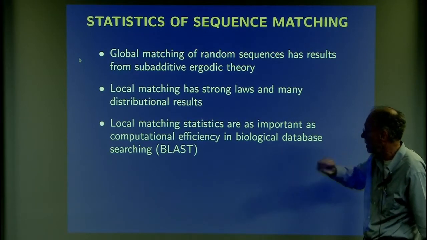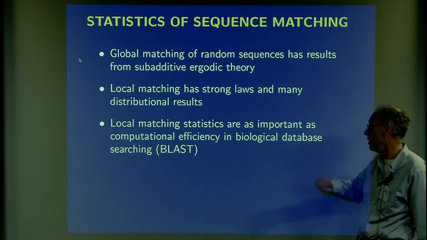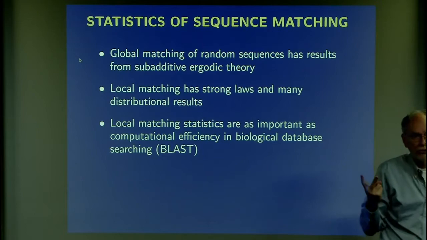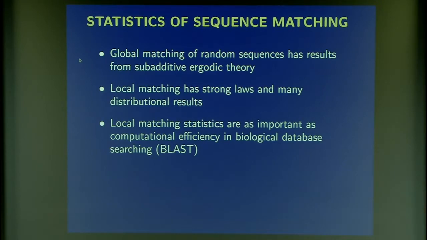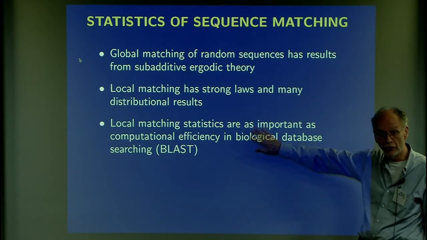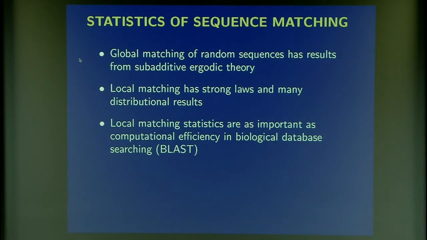And the statistics are probably more important than the algorithmics in this. Two of their papers have been cited approximately 60,000 times each. So this is hugely used stuff. This is where I think computer science and statistics can take some credit for doing something useful to biologists.